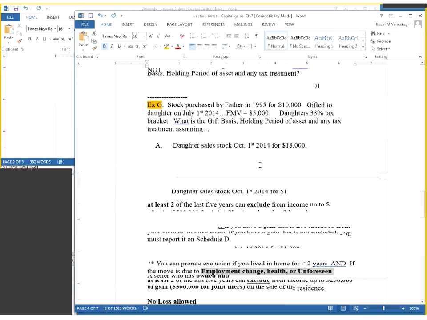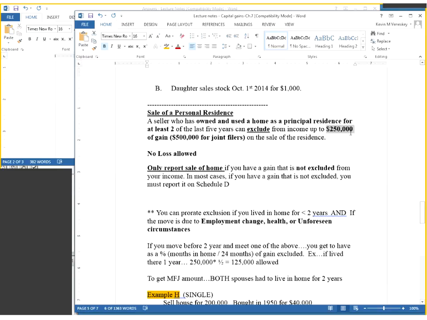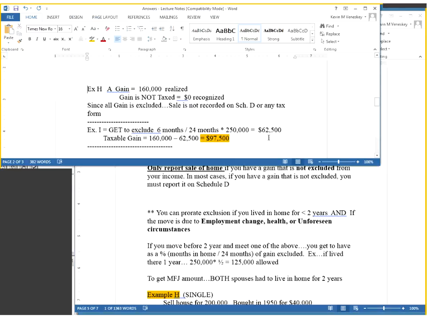Let's go back up to my rules here. 6 months out of 24, that's a fourth, and a fourth of $250,000 is, I believe, $62,500. So you would be able to exclude up to $62,500 off of your gain.